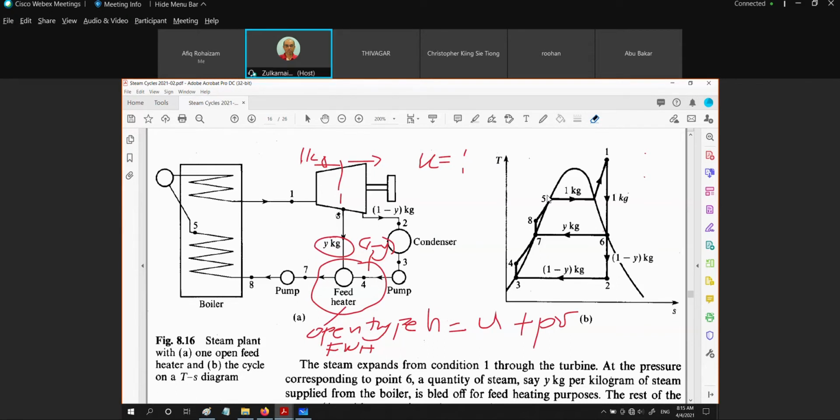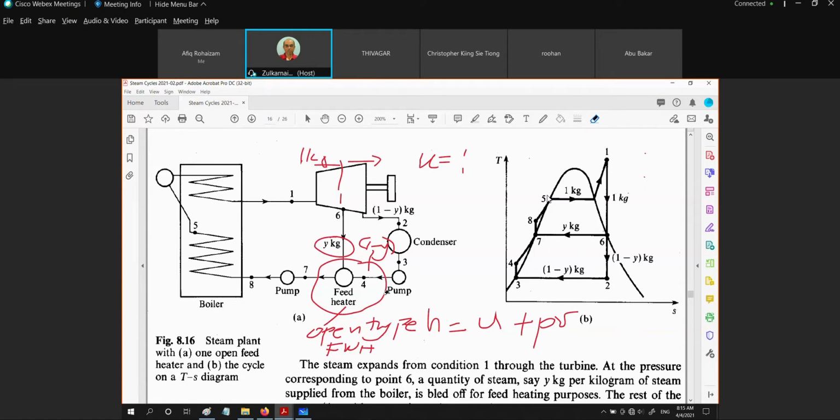If you look at the feed water heater, the energy obtained from this Y at state 6 still originates from this boiler and also this superheater. So as far as the Q in is concerned, the Q in is only in this part, which is the boiler and the superheater, from point 8 becoming point 1.